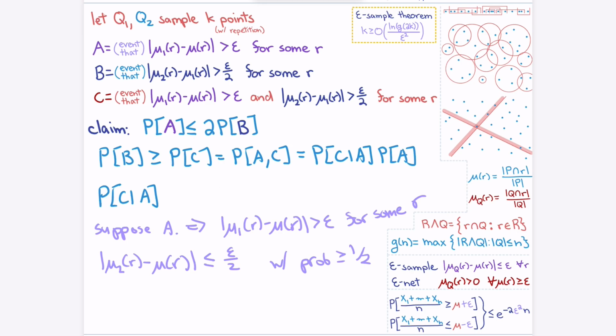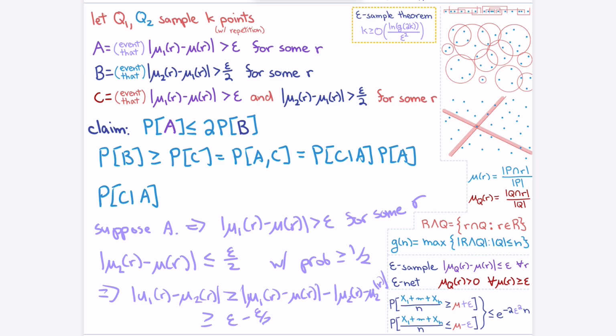So this is just one set. And if that's true, then mu1 of R minus mu2 of R is at least mu1 of R minus the true measure, minus mu2 of R minus the true measure.